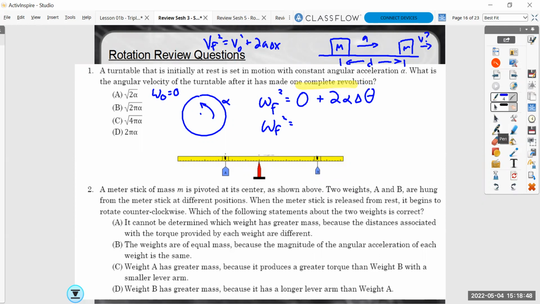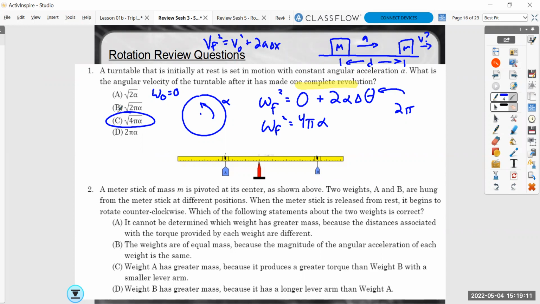Well, it's 2 pi radians, right? So if one complete revolution is 2 pi radians, then this ends up being 4 pi times alpha. And then we still got to take a square root. So we end up with the square root of 4 pi alpha as our angular velocity at the end of all of that.